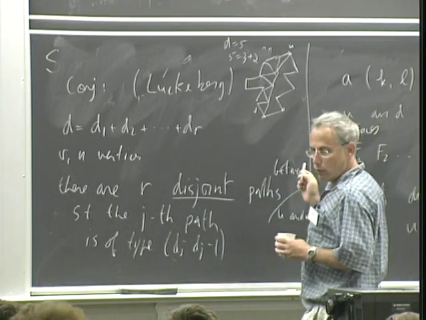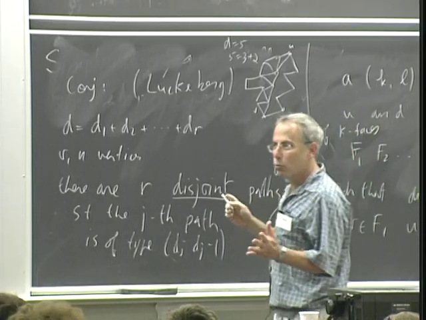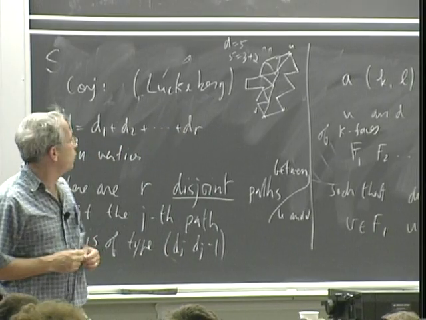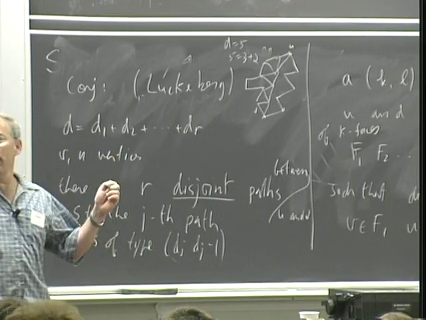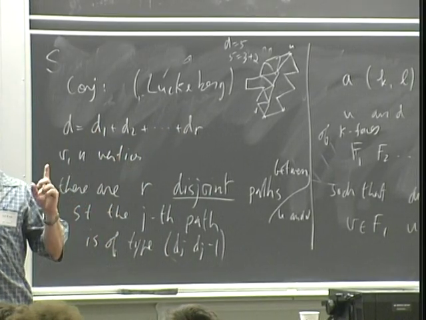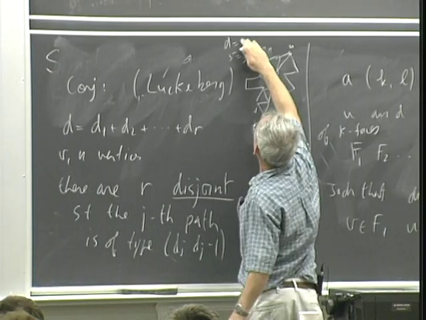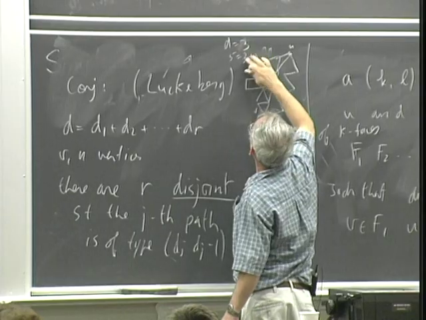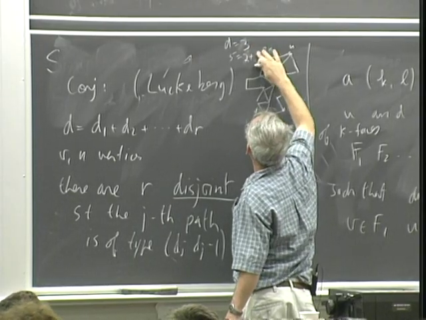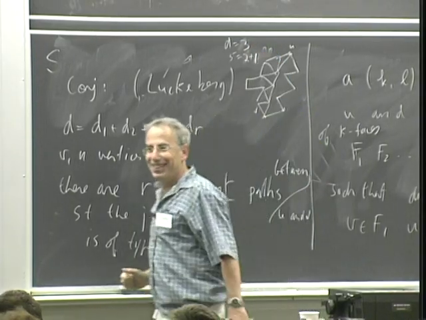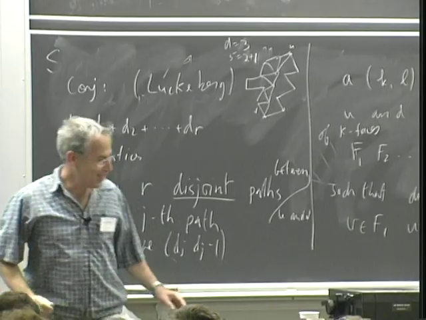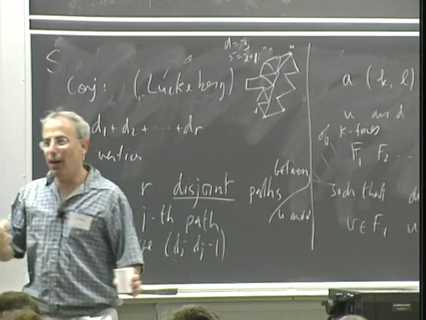So this is always confusing, how to rank and grade the polytope. And I was wrong. So a usual path is of type 1, 0, and not 2, 1. Let's say that D is equal to 3, and 3 is 2 plus 1. So this is the path. Okay, this is the easier way. But I hope you get the picture.